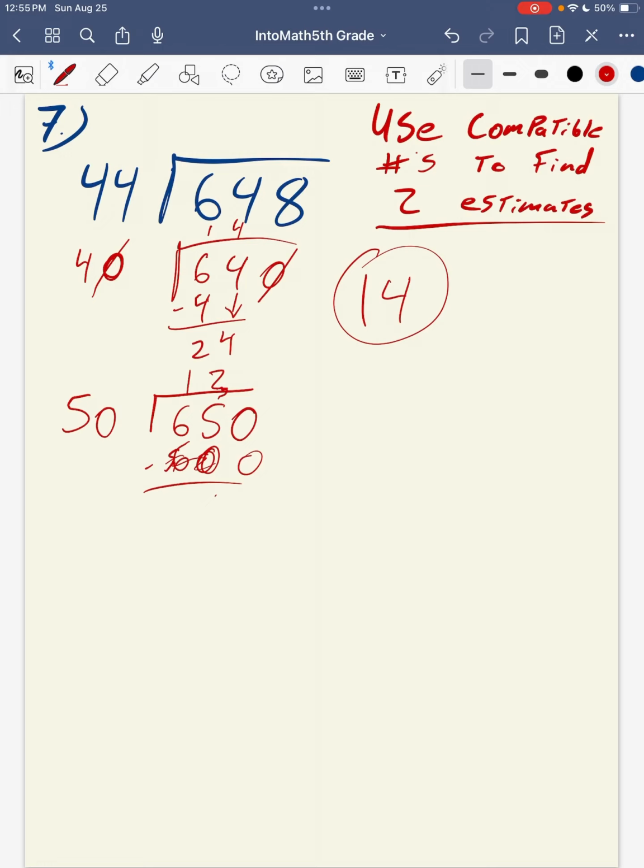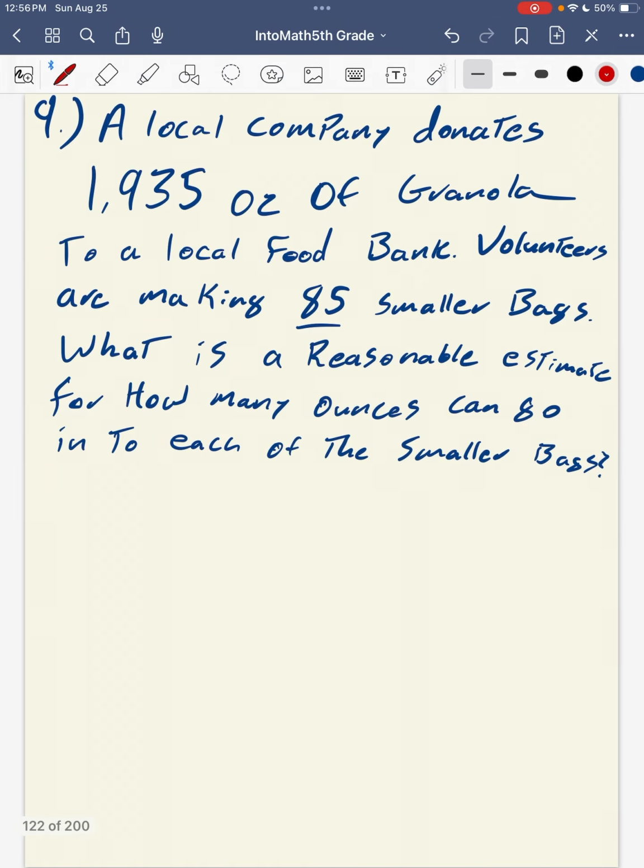Leaves us with an additional 50, so 13 times. All right, so I can estimate that we are between 13 and 14, whether I'm using compatible numbers of 40 and 640 or 50 and 650. Okay? So just estimating what the best possible number could be.